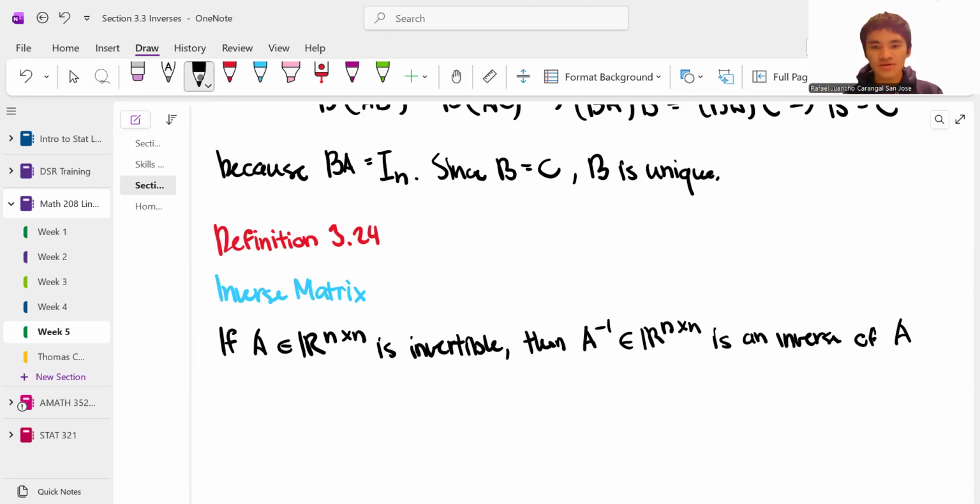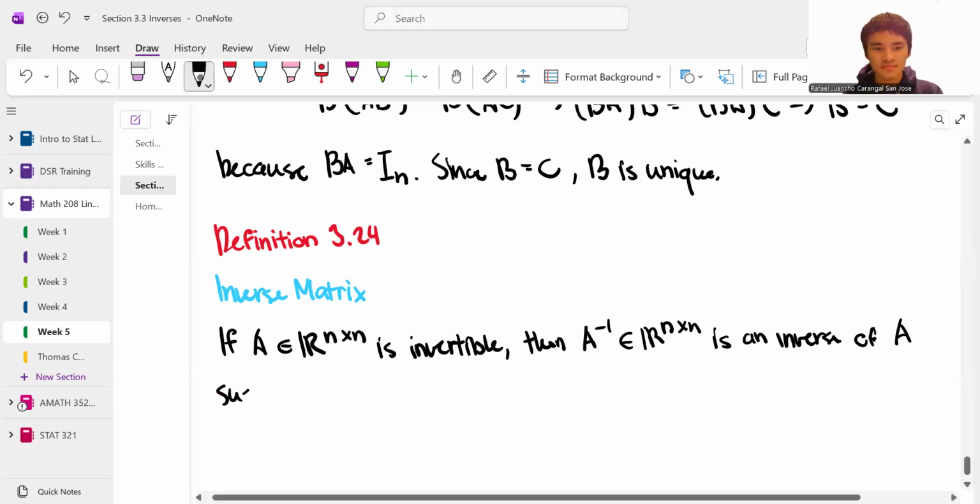And so based off of this idea, yes, this is a unique n by n matrix.